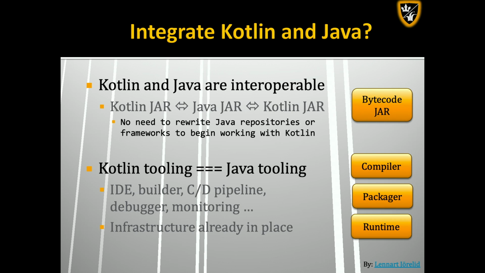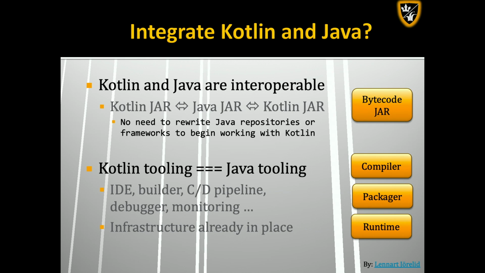So both Kotlin and Java compile to bytecode and package it into jars. And Kotlin tooling is exactly the same as Java tooling. You don't need to get something new or learn something new in terms of the CD pipeline, the repository, the debugger, monitoring, anything. All things remain the same because Kotlin just compiles to bytecode.